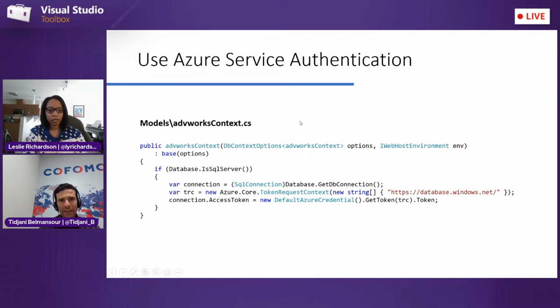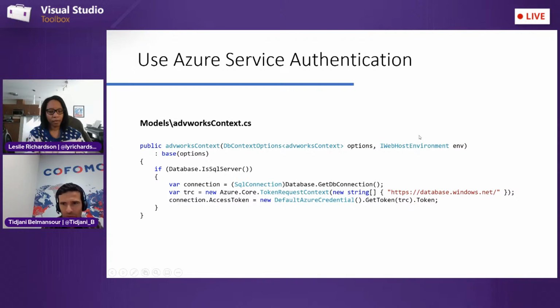So now I have access to this secret, but here I want to access my database based on my credential. Okay. So here I will grab the DB connection to my Azure SQL database, and use this command to get a token based on my identity.